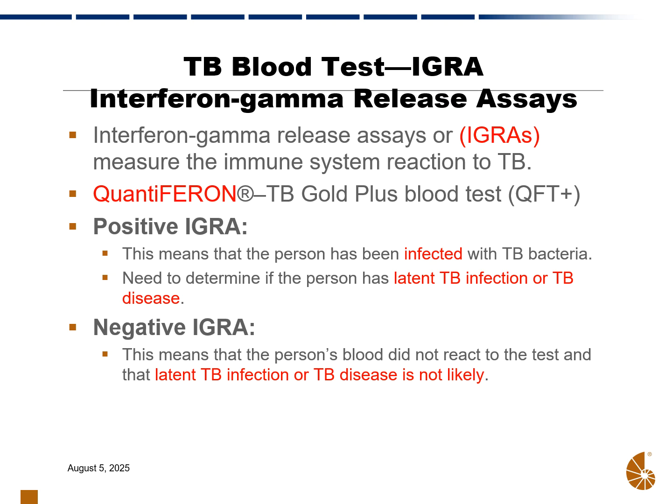The reason this is being done more frequently than skin tests is that with a skin test, the person has to return in 48 to 72 hours to check the size of the bump that may be present where the skin test was applied. Whereas with the IGRA, the person has blood drawn on their initial visit, and then the lab runs the test, so the person doesn't have to return.